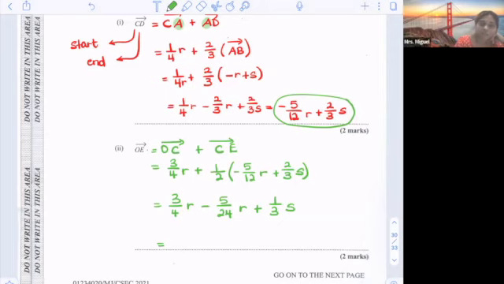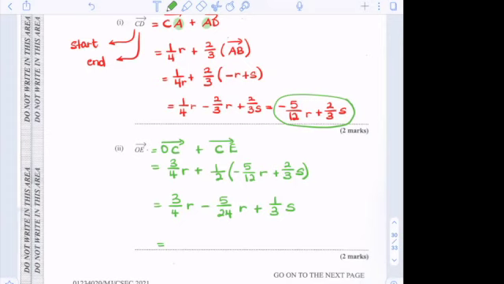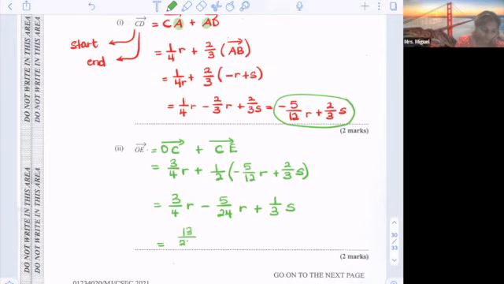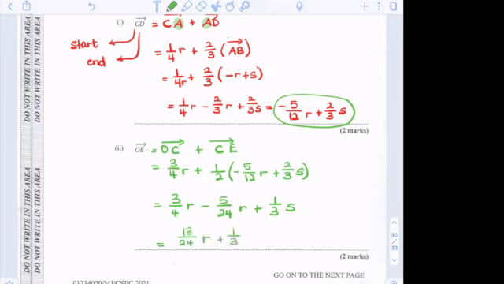Three-quarter minus 5/24. That's 13/24. 13/24 R plus 1/3 S. That is my answer. So you all feel free to take it out.